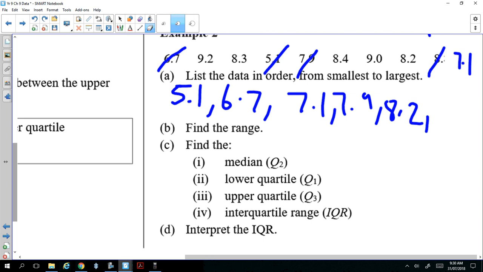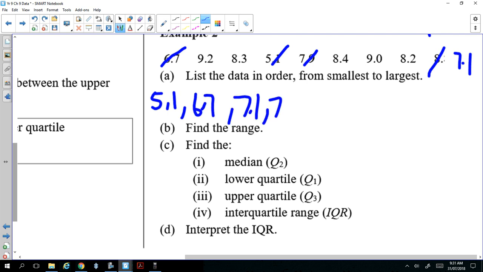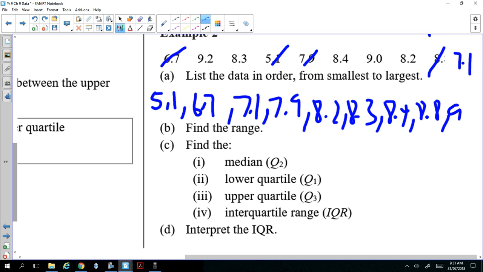Let me write that again. 5.1, 6.7, 7.1, 7.9, 9.2, right?